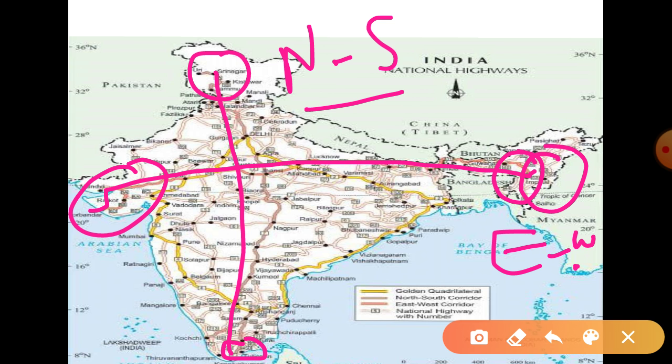For the north to south corridor, the north terminal is Srinagar, Jammu and Kashmir, and the south terminal is Kanyakumari in Kerala. So this is the second kind of super highways. One is the golden quadrilateral and the second one is corridors.